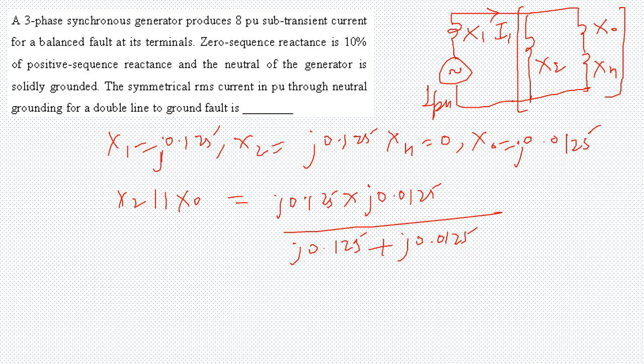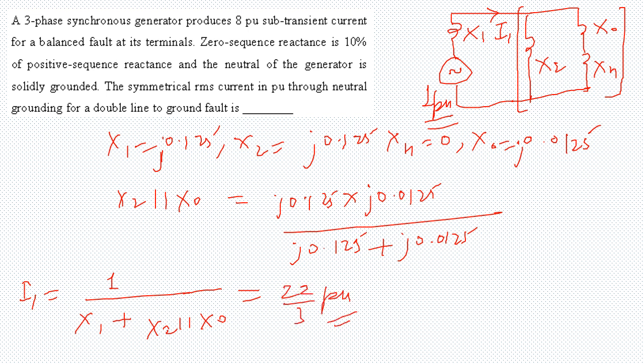You add this to X1 and divide the voltage by it to get the current I1. So I1 is 1 over X1 plus X2 in parallel with X0. Why only X0? Because Xn is 0 here. If you calculate this, it comes out to be 22 by 3 per unit.